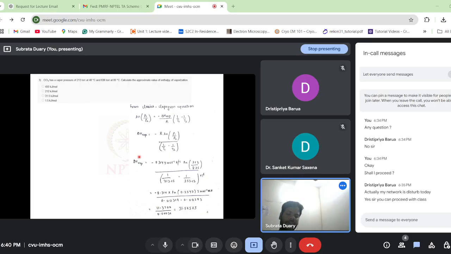Liquid to vapor is plus, because you need to give heat to the system so that the molecules will vaporize. If you reverse it, you have to take heat out, so heat is negative; from the system heat is going outside. For vaporization heat is going into the system, so you are getting the sign positive.